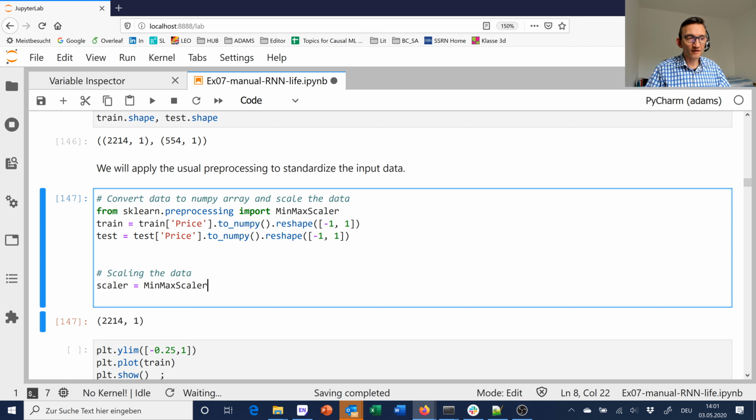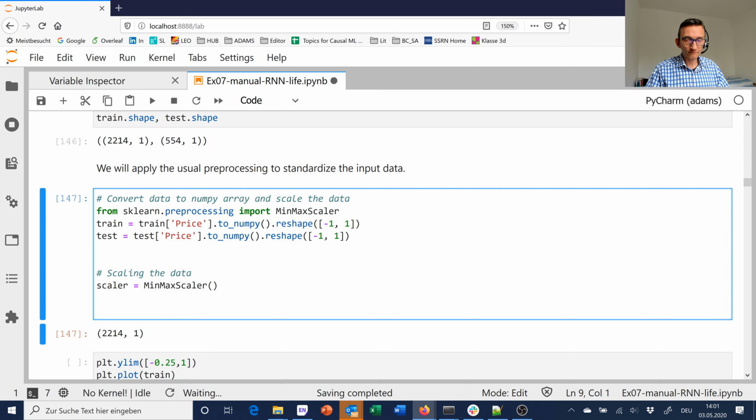The reason I'm using that scaler is that it will basically map my data to the interval 0 to 1, which is a useful interval for neural networks. Previously, we had the standard scaler that did the Z transformation. This one here does the MinMax scaling.